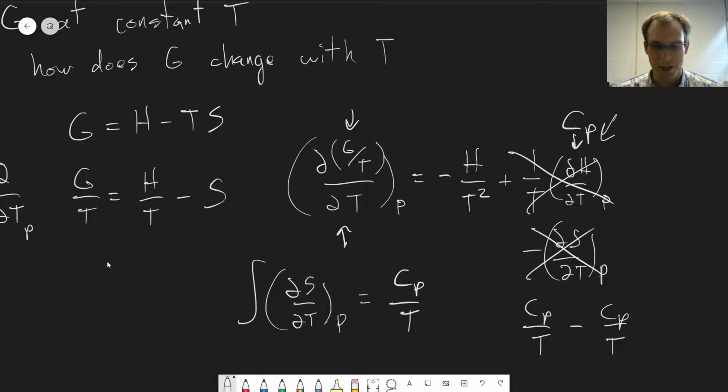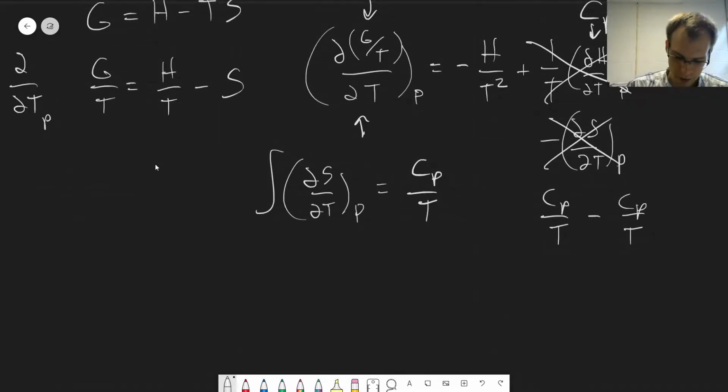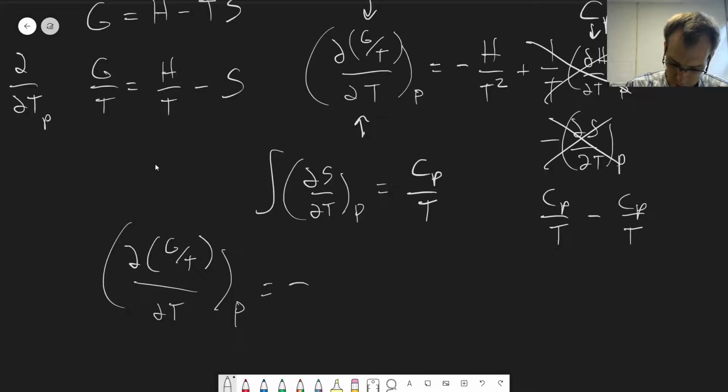And so the Gibbs-Helmholtz equation is what's left, that the change in G over T with respect to T at constant P is equal to minus H over T squared. Or we can go ahead and write this out as delta G's and delta H's, right?